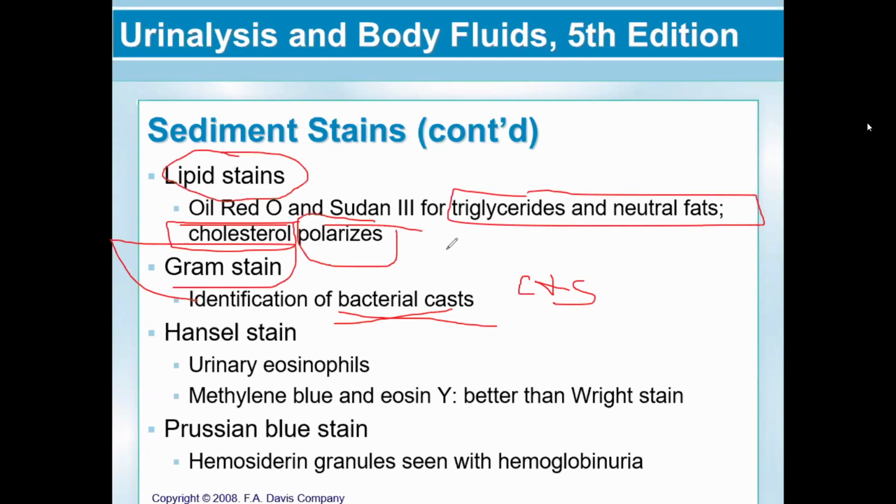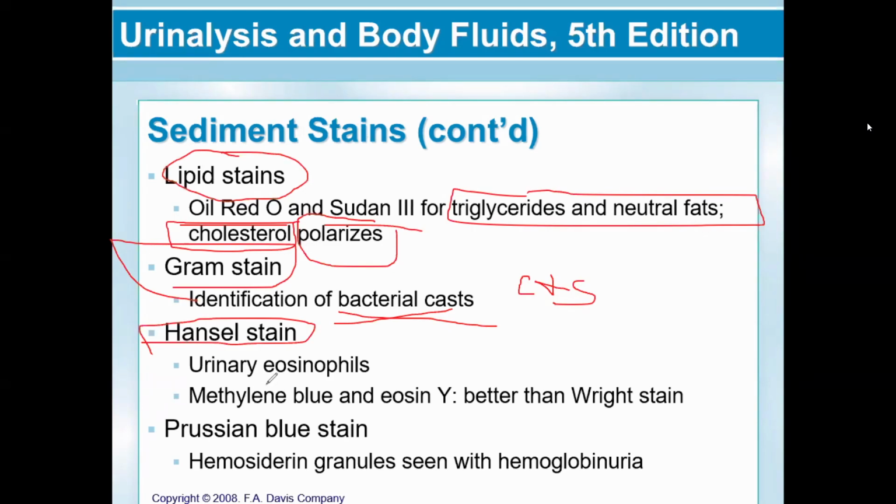Okay? What else? We also have your Hansel stain. We can use this to stain your urinary eosinophils. Normally there are no eosinophils in our urine.